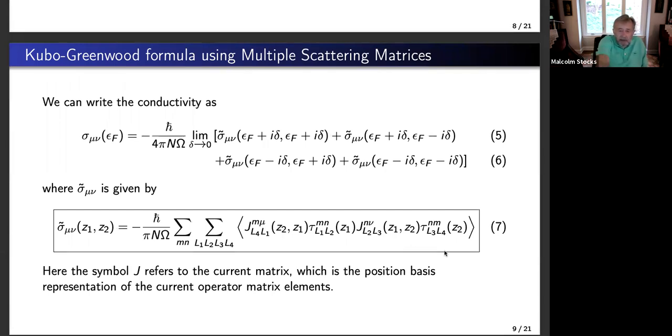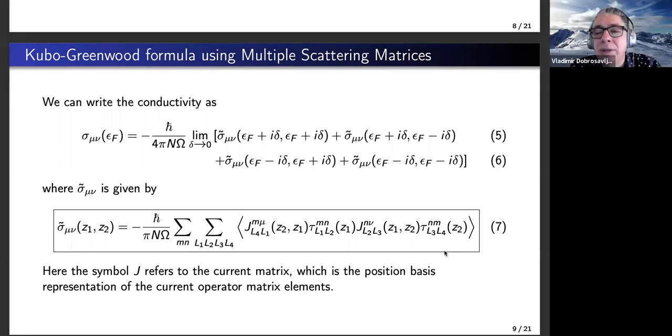What you've got to do is average the product of two Green's functions, right? And the simplest thing to do is just to say the product of the two Green's functions is just the square of one of them. Exactly.